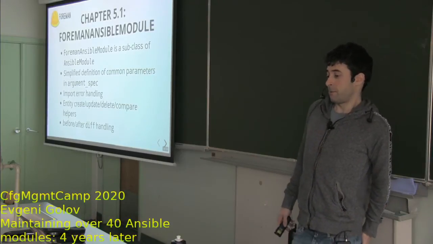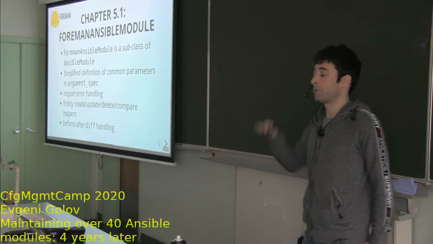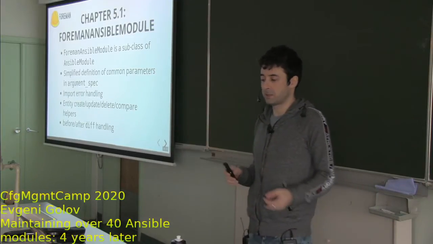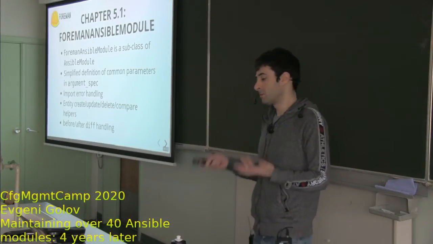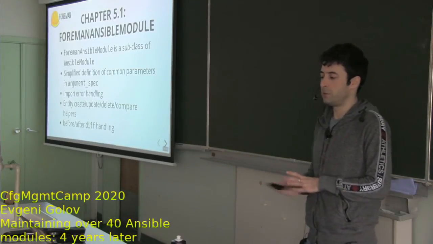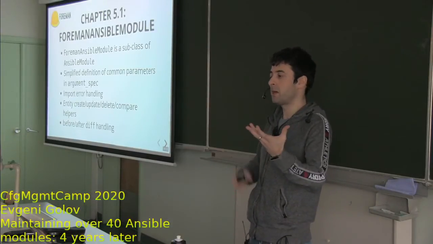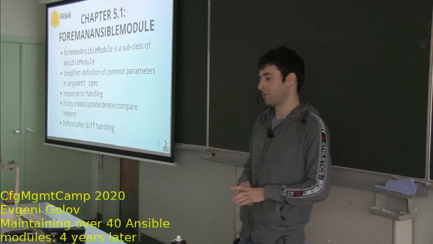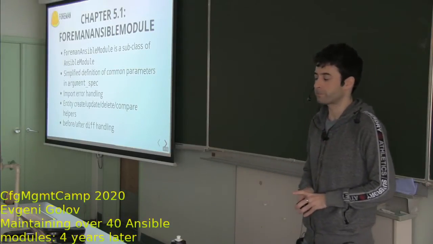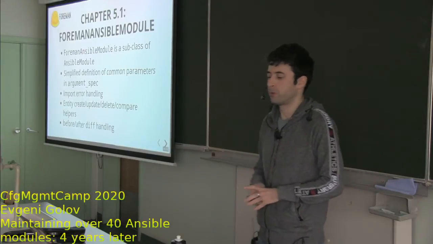And given that many modules are pretty similar in workflow, it's create, update, delete, and sometimes compare, we moved all the helpers which compare the data in the API and the data that the user inputted into that common class. And we also added, as mentioned before, diff handling.